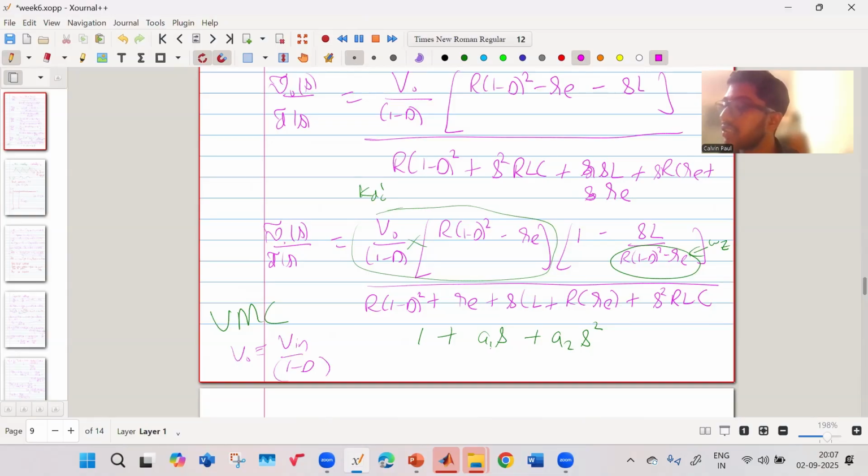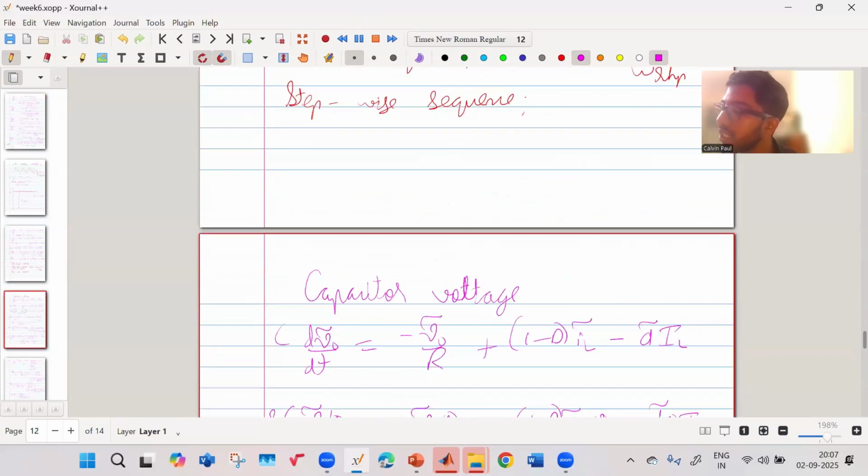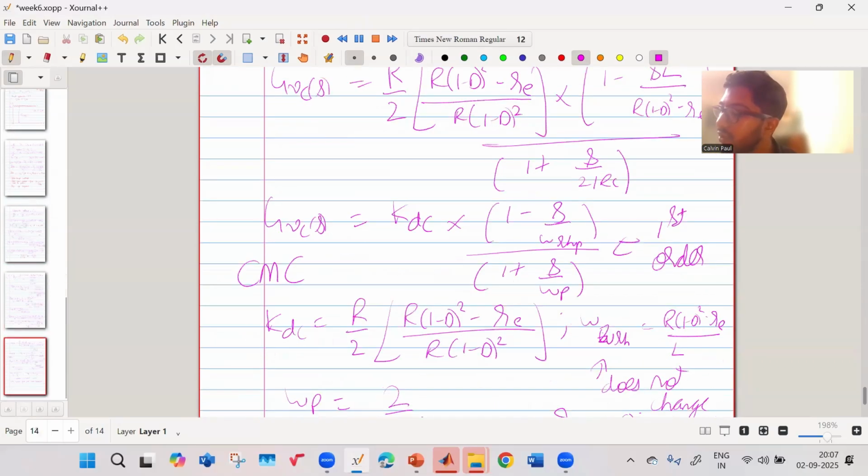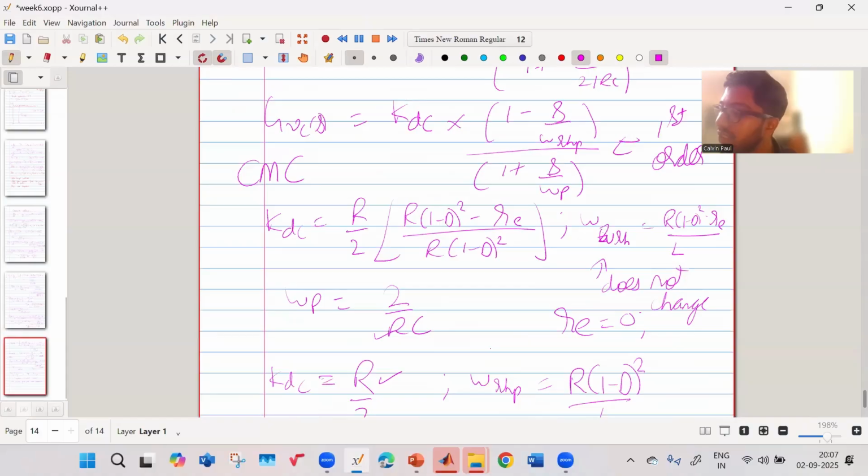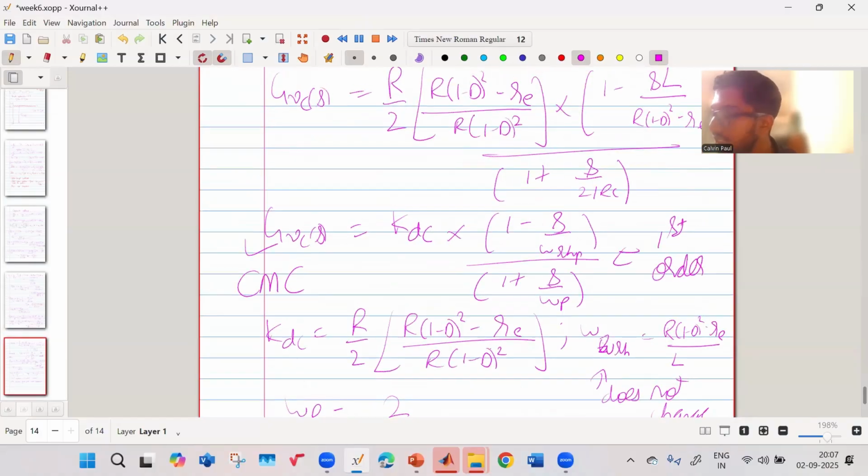So that is one of the reasons that voltage mode control is dependent a lot on the input voltage, but not as much dependent on your load resistance R. But in the case of current mode control, although this transfer function GVC of S is approximate and first order, like a very rudimentary basic transfer function, it is dependent on KDC.